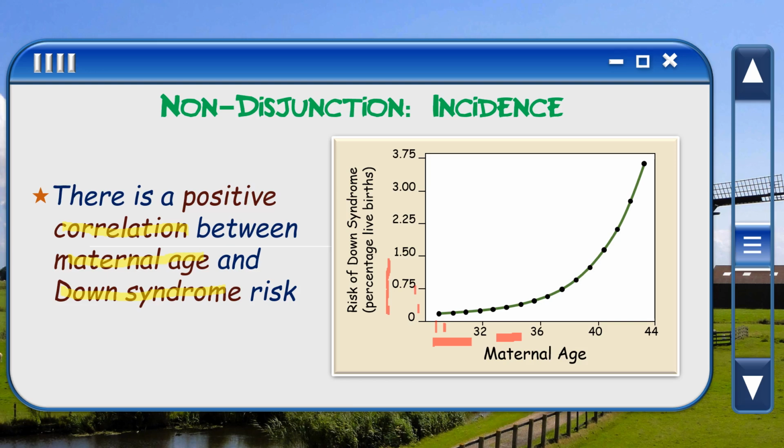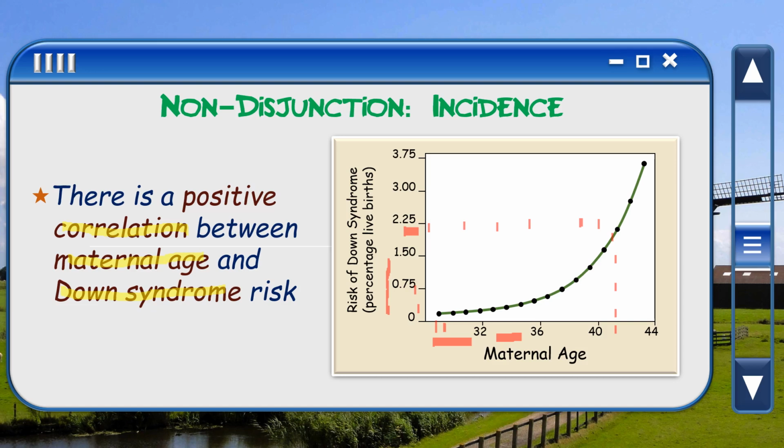So if you look at the maternal age going, for example, up to this point, if we try to extrapolate, you will see that at this point the chances of producing a child with Down syndrome also increase. So there is a correlation between the maternal age and the Down syndrome risk.